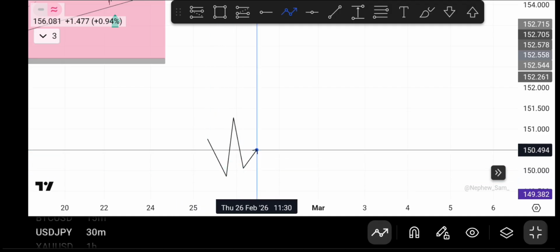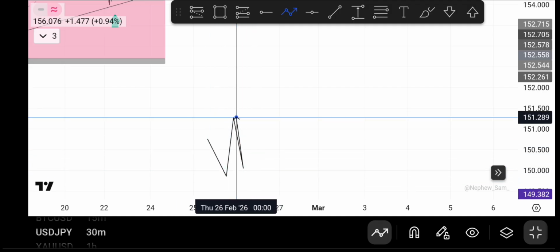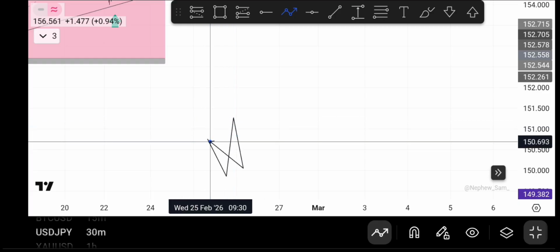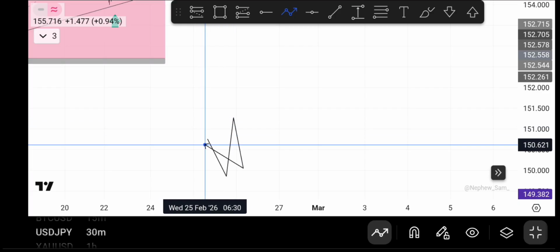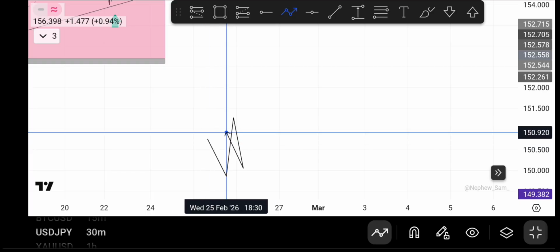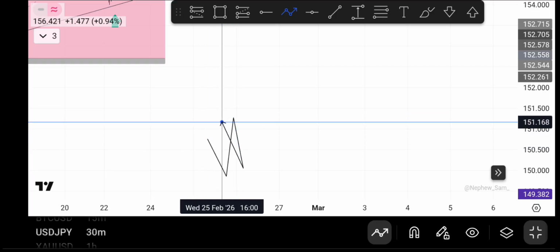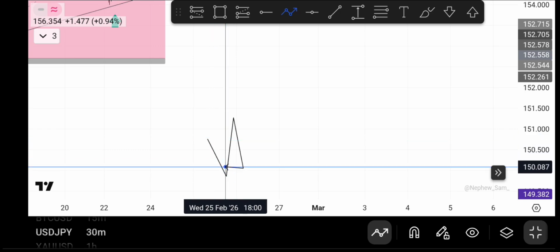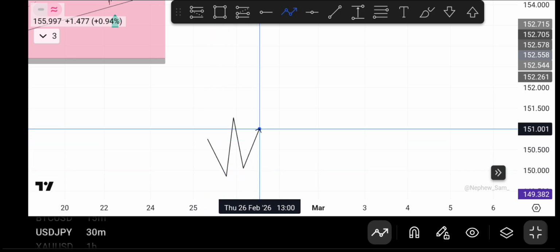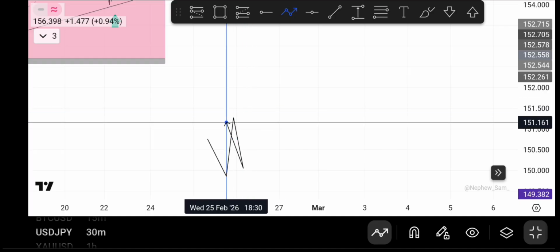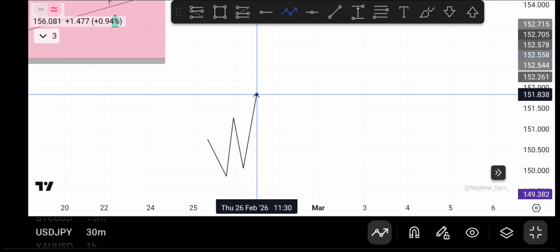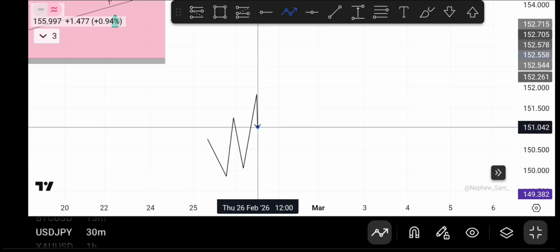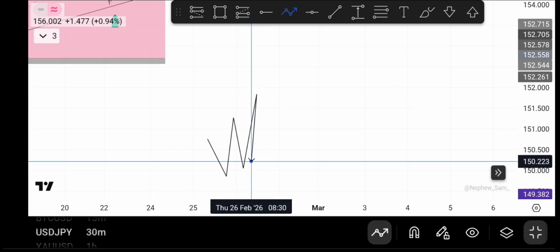Then this is a key level, the recent high that is higher than this one here. And this is the recent low that is lower than this one, trying to create another high that will make the trend continue being bullish. Then the same thing, this low will not be taken out.